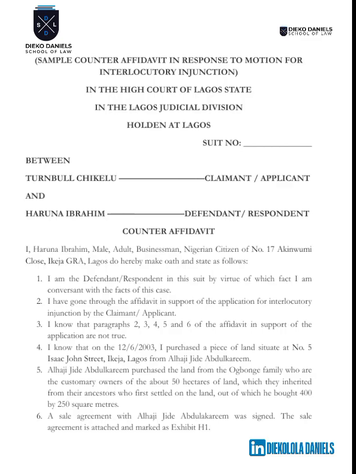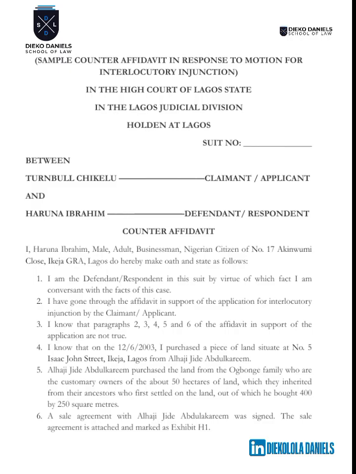Now when you are drafting your counter affidavit, a paragraph should state, which ordinarily should be the next paragraph after the 2 paragraphs or 1 paragraph that I told you earlier, that you have gone through the affidavit in support of the application for injunction of the claimant applicants. Now, in this case, you know that this case is that of an interlocutory injunction.